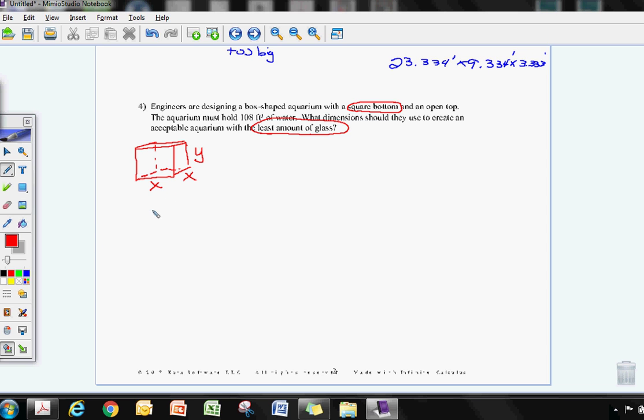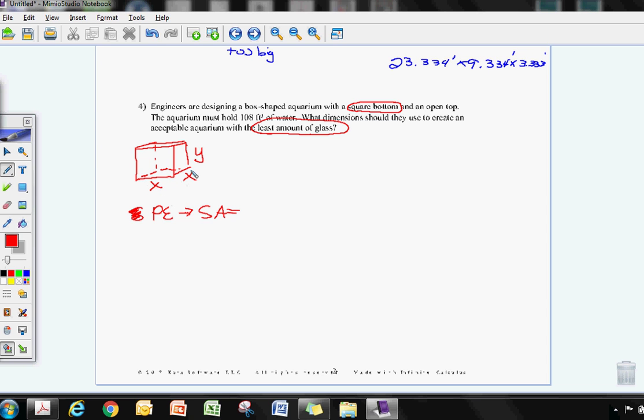So if I'm looking at the amount of glass, your primary equation is dealing with surface area. Surface area is adding up all of the panes that make up that glass.